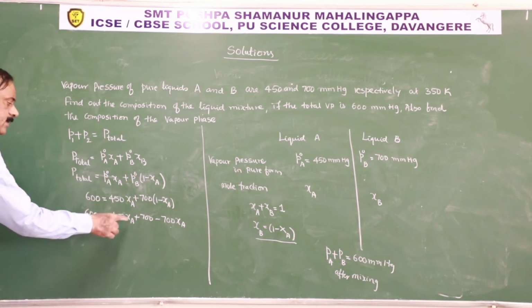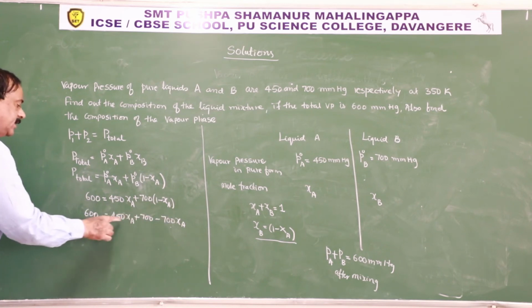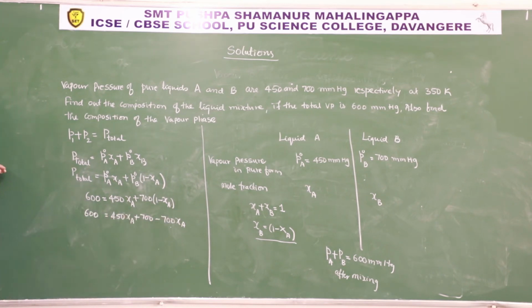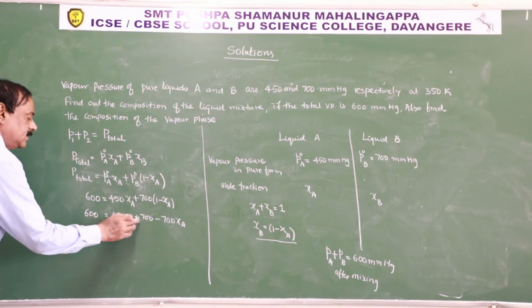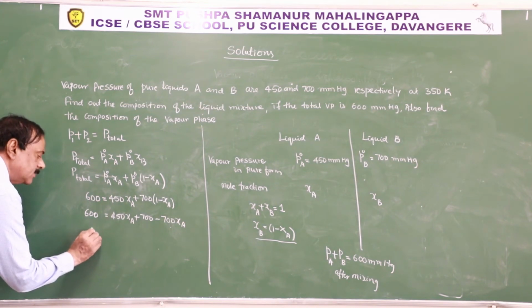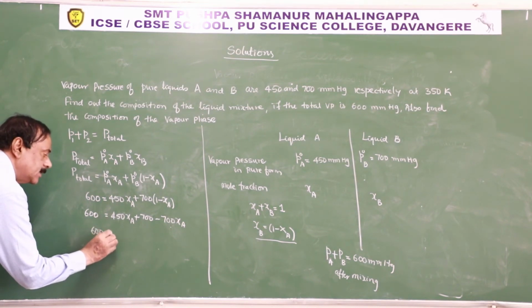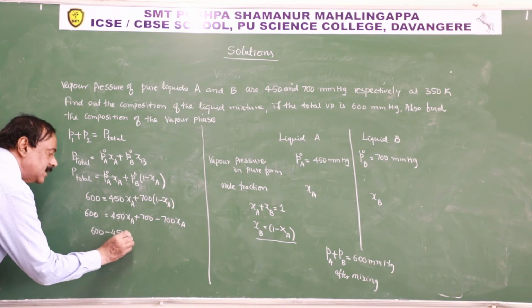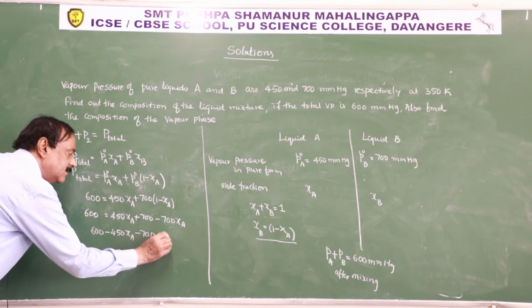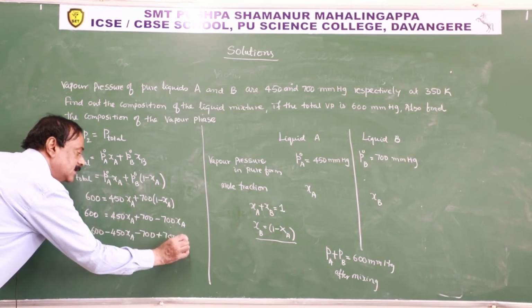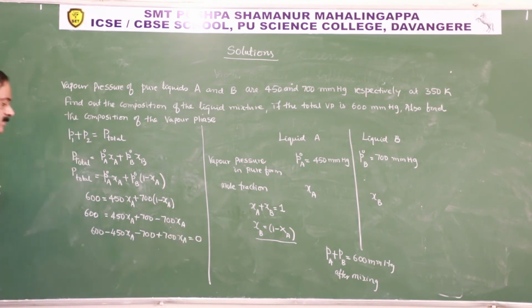Rearranging, 600 minus 450 XA minus 700 plus 700 XA is equal to 0.